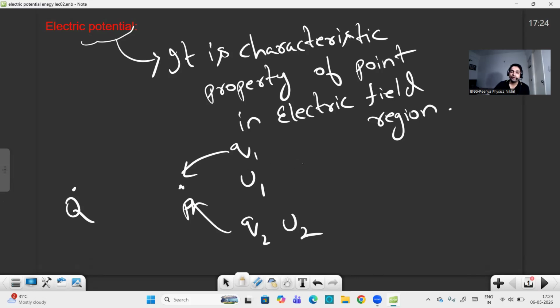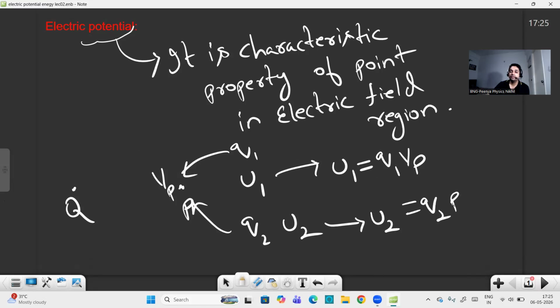If I define the electric potential of this point as Vp, then U1 can be written as q1 Vp. Similarly, U2 is q2 Vp.